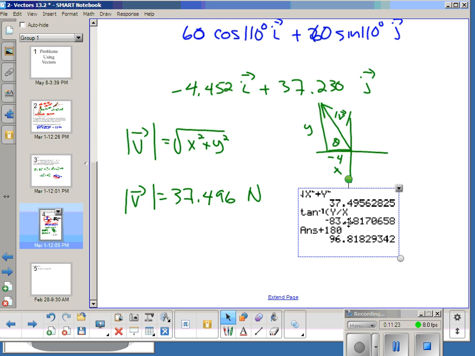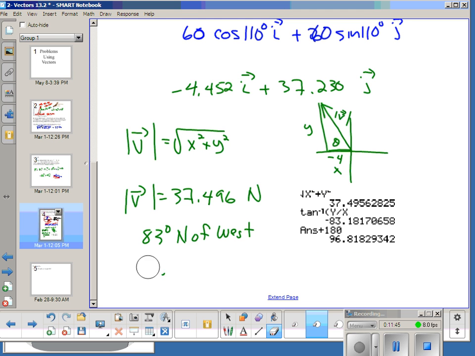There's lots of ways you could talk about this. You could say it's 83 degrees north of west, or you could say 96 degrees. It would be strange to say that because it's not directly north. So I think maybe that would be the best way to do it, 83 degrees north of west, or 96 degrees counterclockwise from east.